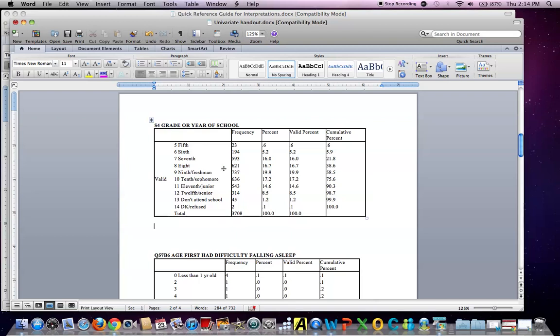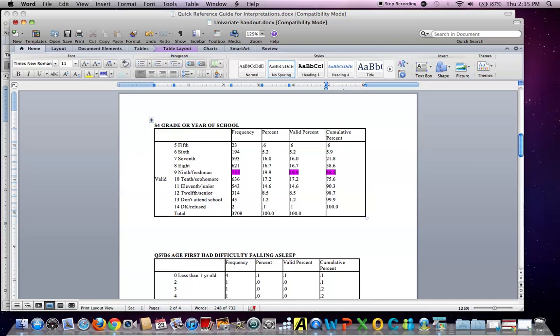And how you can tell that, even without looking at the table above, is where does 50% lie? You have to look at your cumulative percent to determine that. Remember, we don't look at this one right here. We focus on our frequencies, our valid percent, our cumulative percent.